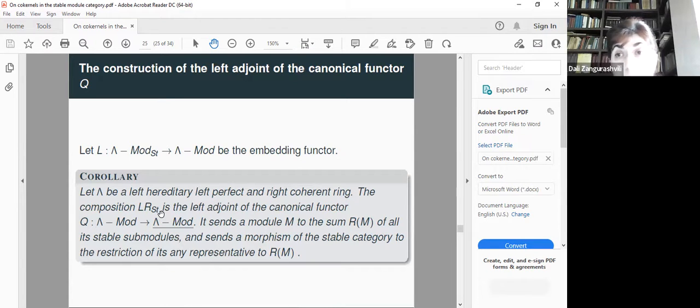Then we explicitly give the left adjoint to the functor, as a composition of the functor R sub ST that we constructed above and the embedding functor. It sends a module to the sum of all its stable submodules, and sends a morphism of the stable category to the restriction of any representative to Rm.